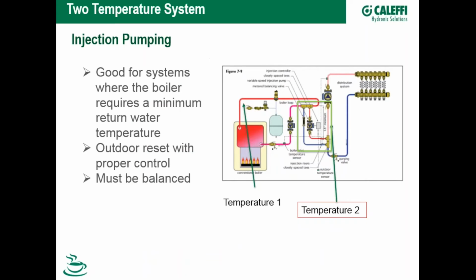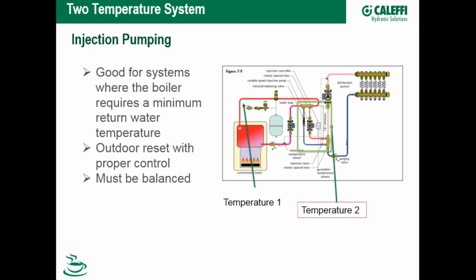Now, the third way of generating multiple water temperatures is through injection. I'm going to actually focus more on injection pumping. There are other ways of doing injection as well. Now, the injection style of mixing really came about primarily with the non-condensing boiler side of the business.